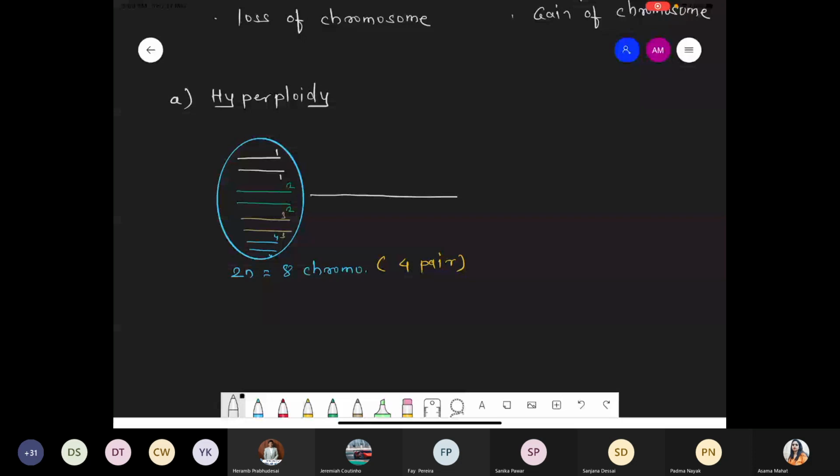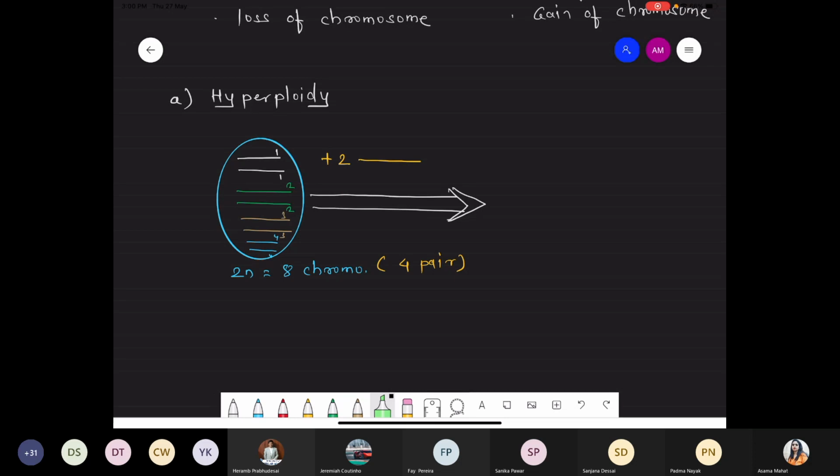Now what happened, accidentally due to mutation there is an addition of the second chromosome, and only one copy of the chromosome gets added. So simply I represent it like this, plus 2. What is the meaning of this plus 2?